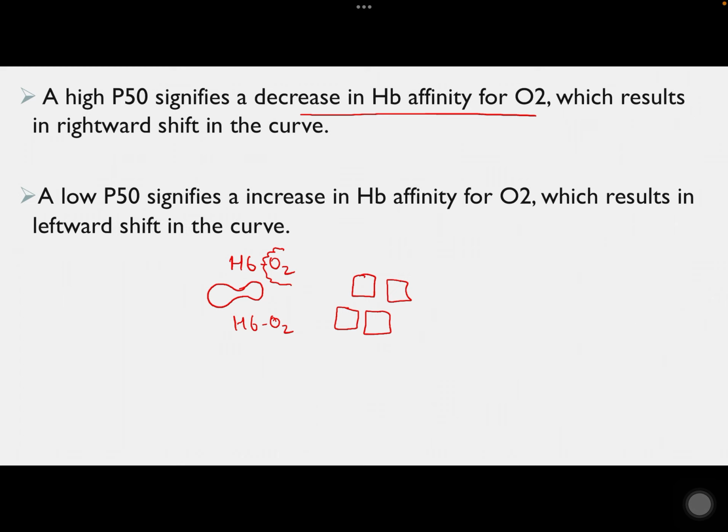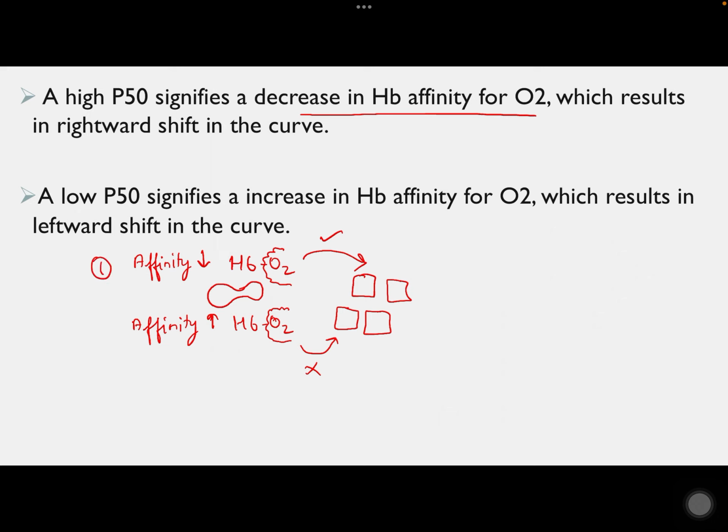So if the affinity of hemoglobin with oxygen is decreasing, then obviously it can be delivered to the tissues. At the same time, if the affinity is more, then oxygen will not be able to detach. So oxygen delivery will not be able to happen, whereas in the first case oxygen delivery can happen.